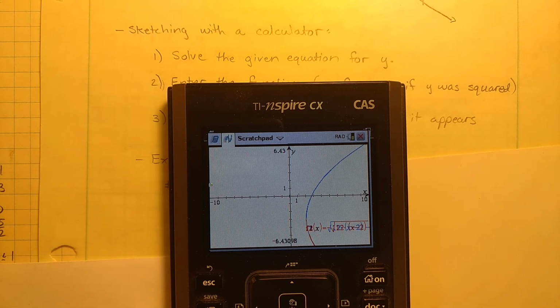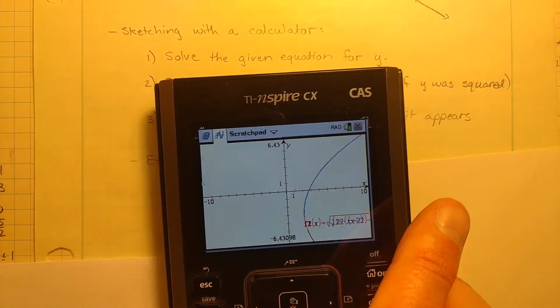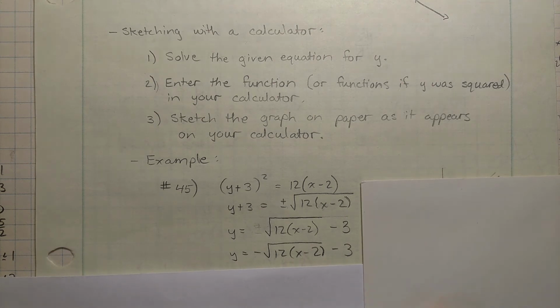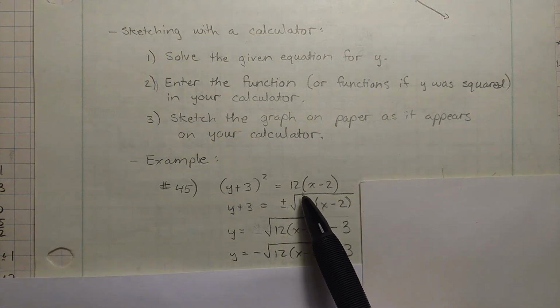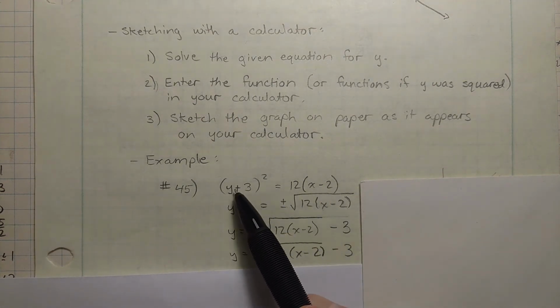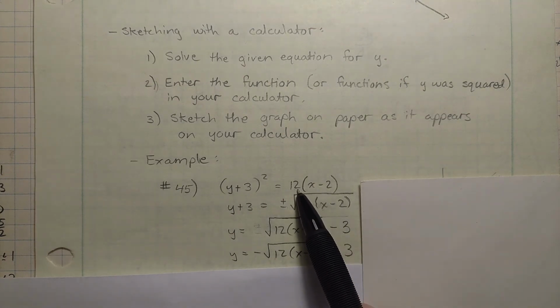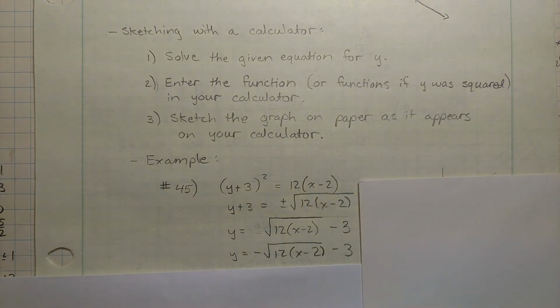If you do have an Inspire, you can go back and look at this situation here, and you can solve for simply the unsquared variable. So from this very original one here, I could solve for x. I could divide both sides by 12, or multiply by 1/12 if we want to think of it like that, and add 2.